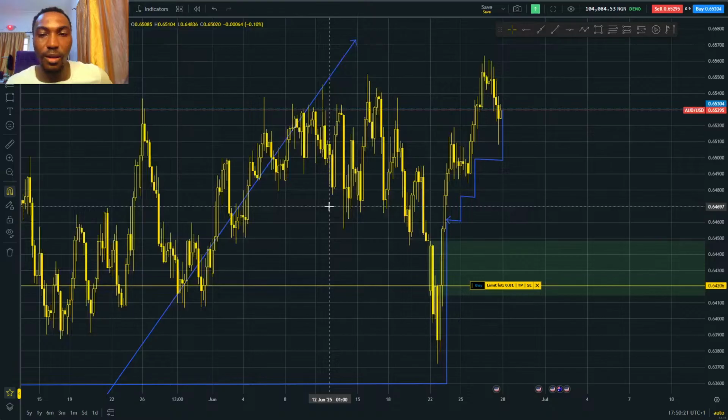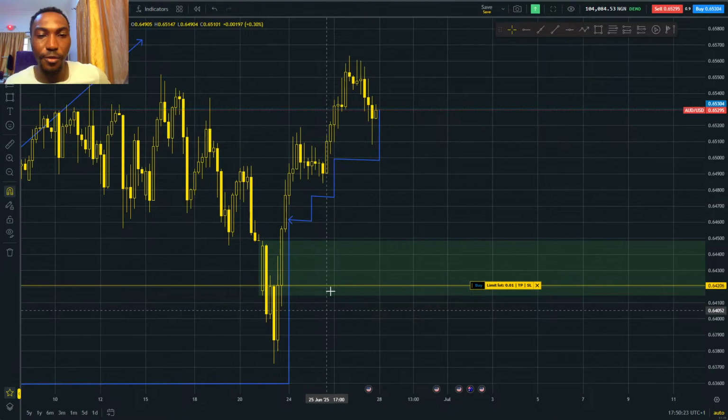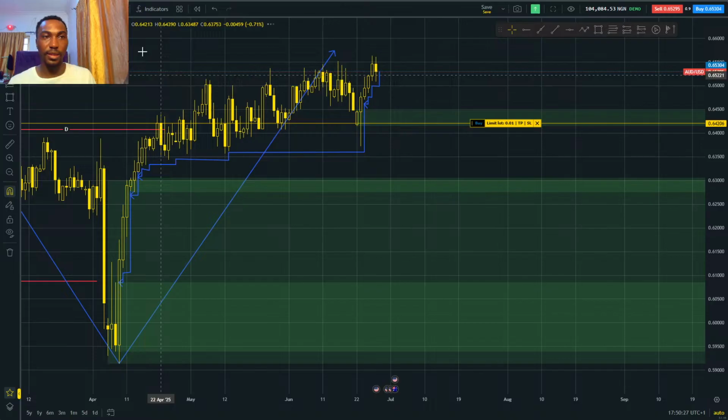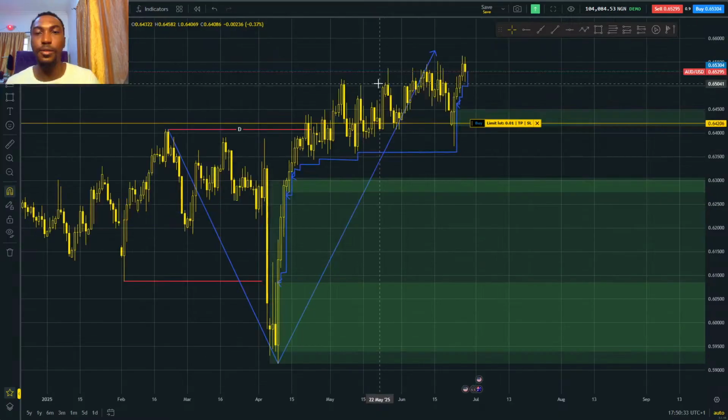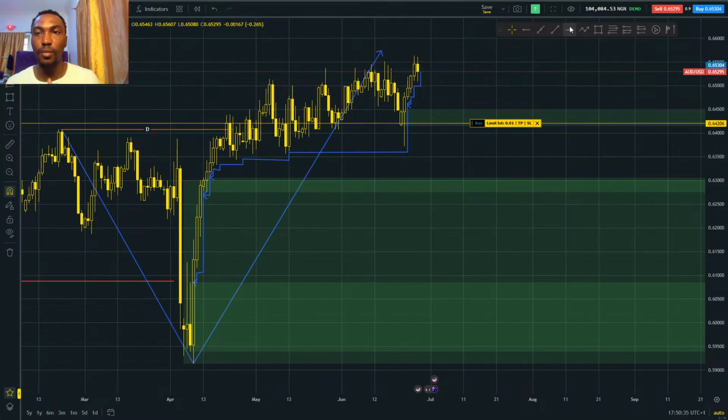We are looking for 4 hour reason here. So if you're a daily trader, you're looking at the weekly. This is the weekly. Then you're looking at this daily time frame, and you're waiting for price to come down here and start to create structure like this for you to buy.